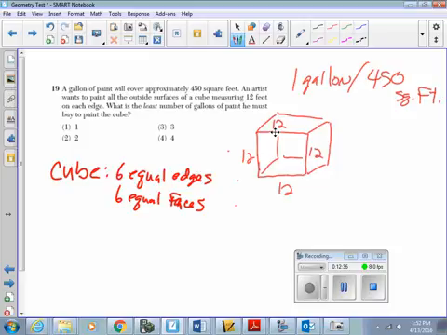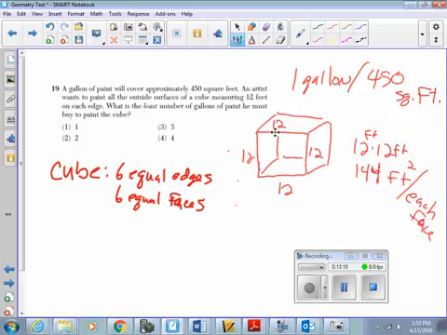Those of you in my class know that my drawing's not my strong suit, but you have 6 faces to the cube. Each one is 12 by 12. So to paint one face of the cube is going to be 12 feet times 12 feet, which is going to give us 144. But that's just for each face. And that's going to be square feet, each face.